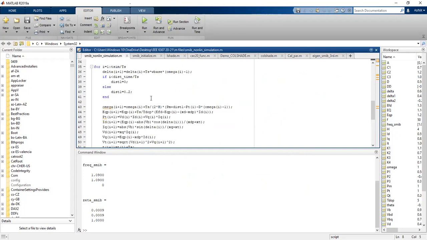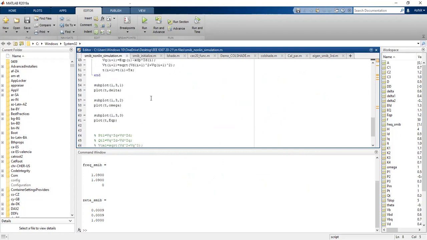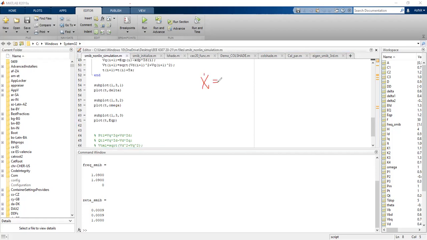If you remember, this was the coding done for the original nonlinear problem of the form x dot equals f of x comma u. So this was the original problem statement for the SMIB system, the nonlinear one.